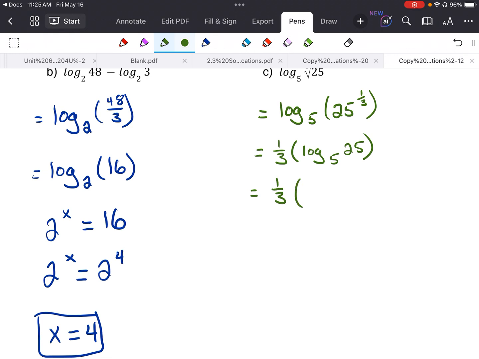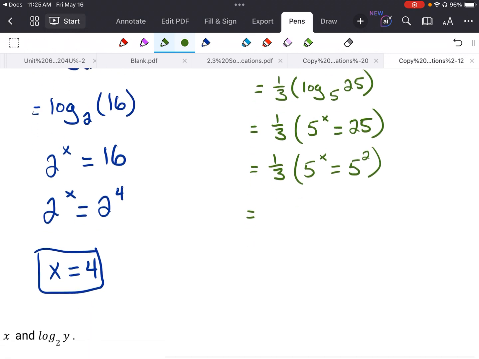Okay, log base 5 of 25 is 5 to the power x equals 25. So you see we're leaving this 1/3 out in front, the n part of our law. 25 is 5 squared. So now it's 1/3 times x, where x equals 2. So the answer here will be 2/3.